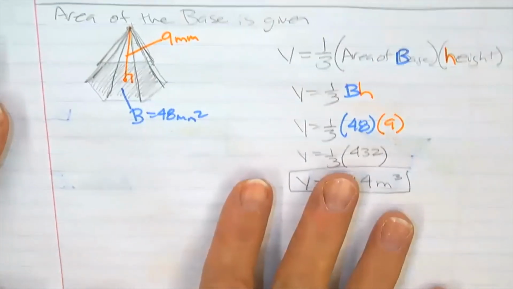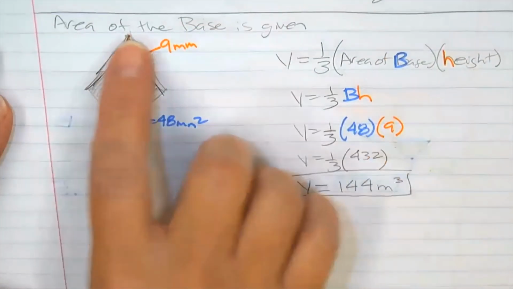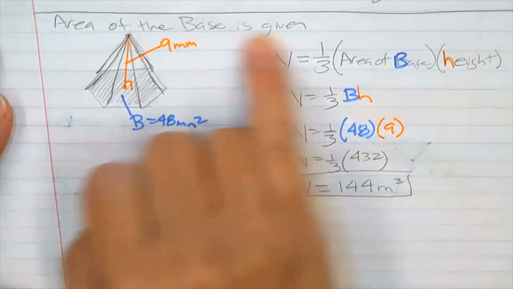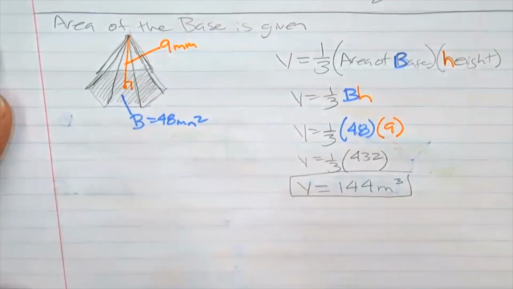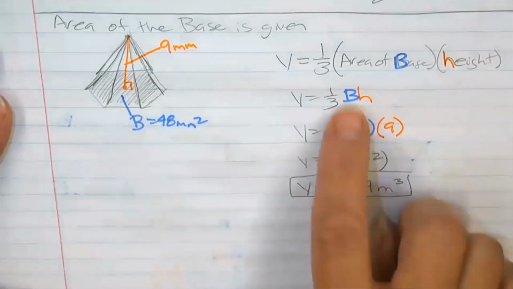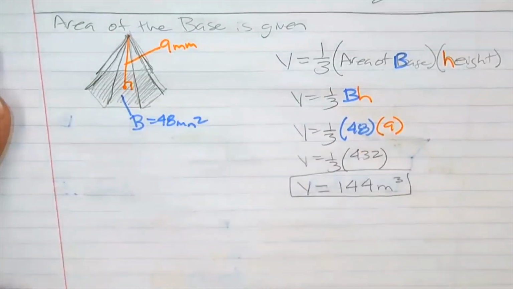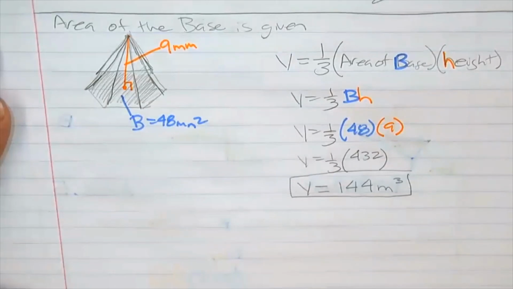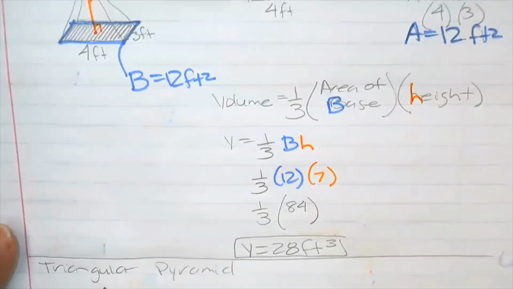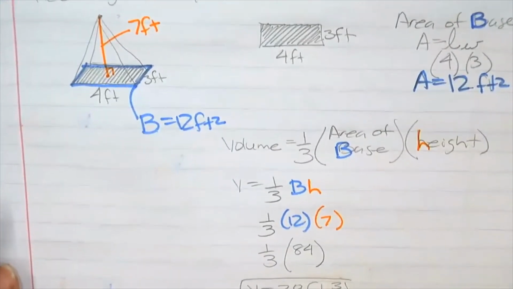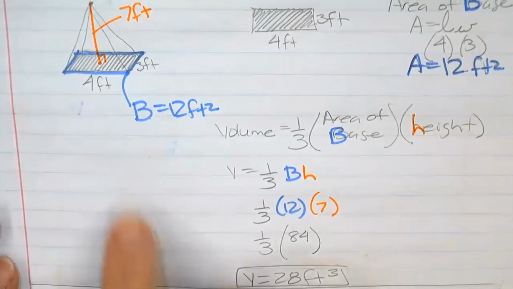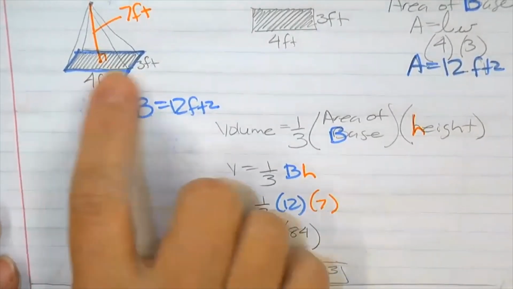Sometimes the book will give us a pyramid where the area of the base is already given. Well, that's nice because then it's just the base times the height. We don't have to do anything ahead of time. But sometimes the book will give us something like this, a rectangular pyramid where they're not giving us the area of the base.